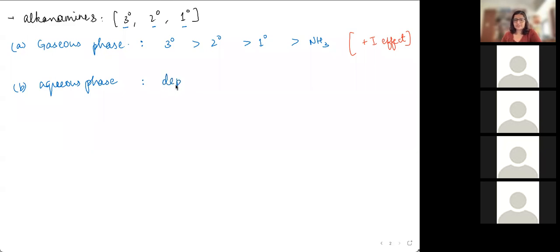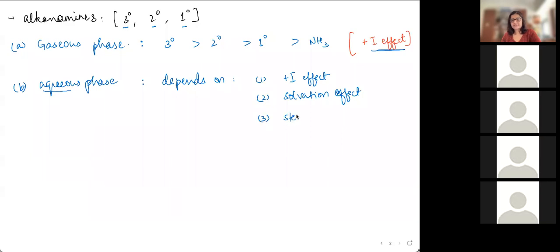So it depends on the plus I effect, which is the only thing in the gaseous phase; second, the solvation effect that comes because it is dissolved in water; and third, steric effects. These are related to each other, solvation and stereochemistry.